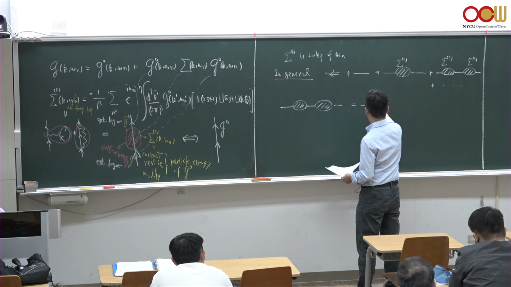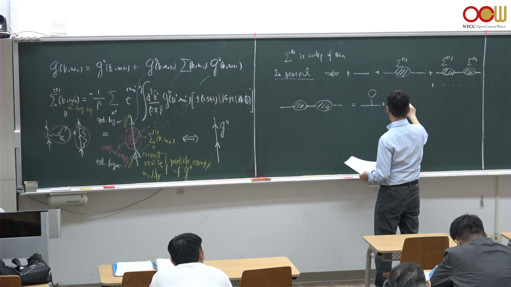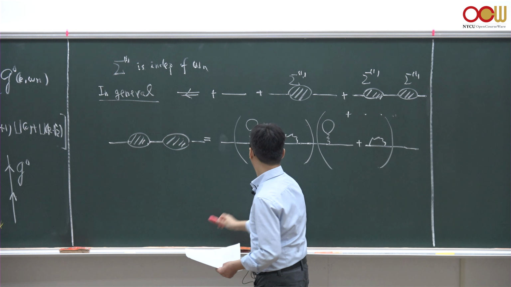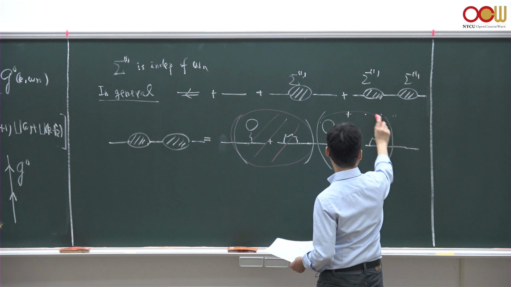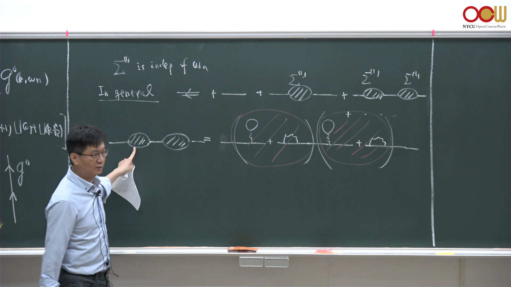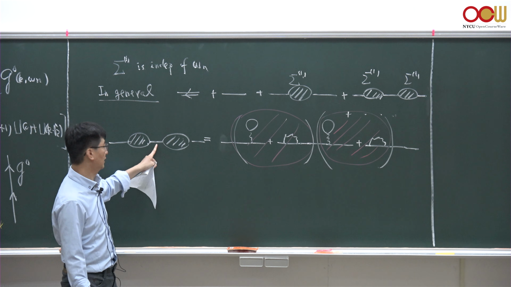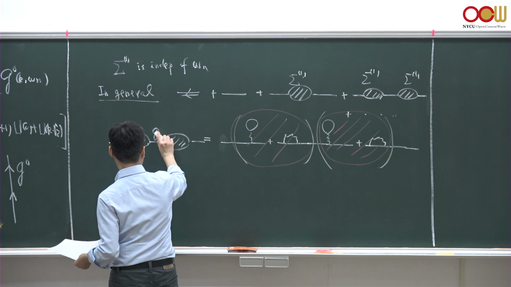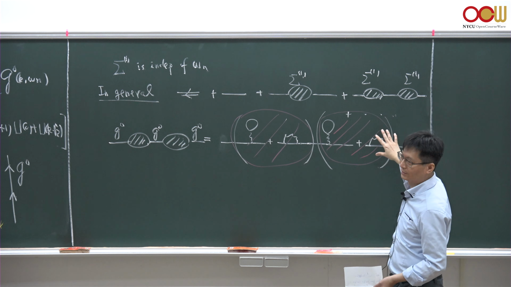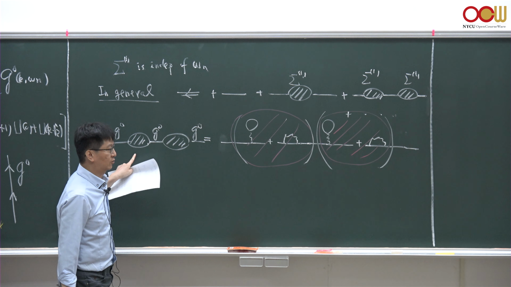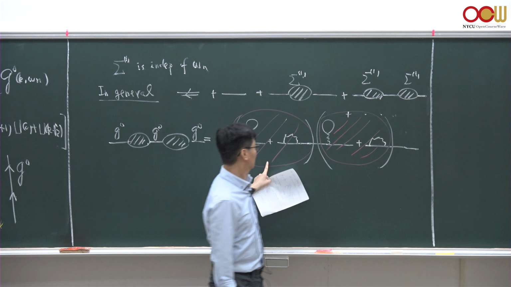We have a bubble plus this and this. In other words, I simply combine this single bubble right here and connect these two bubbles by a bare propagator, G0. And this is what I have done. When I plot this diagram, this is what I mean.